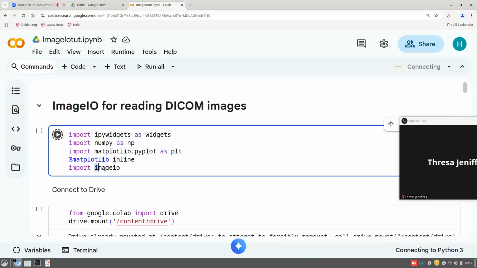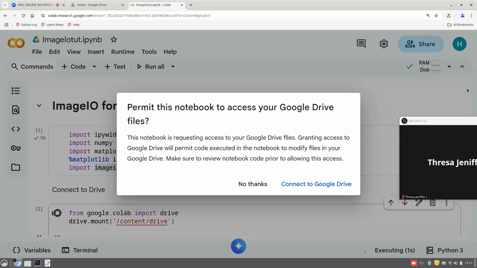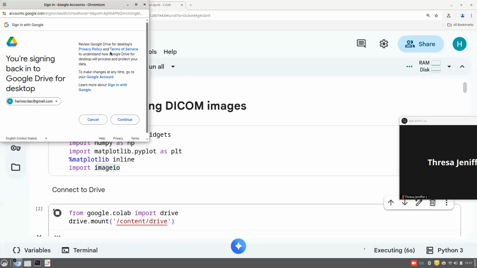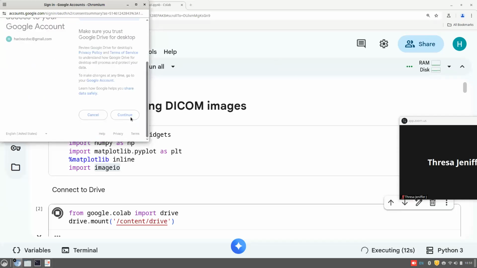Here you have to import imageio, and I am again connecting to my Google Drive to access the DICOM files.